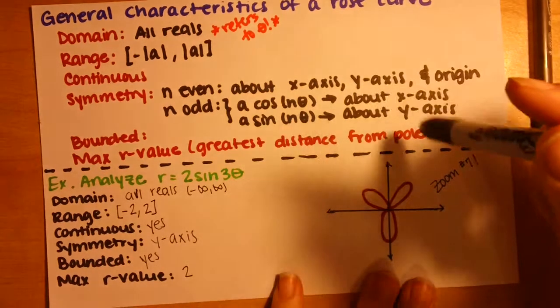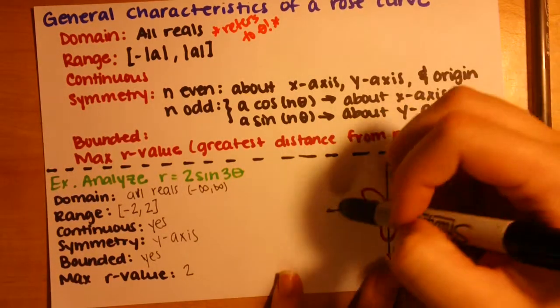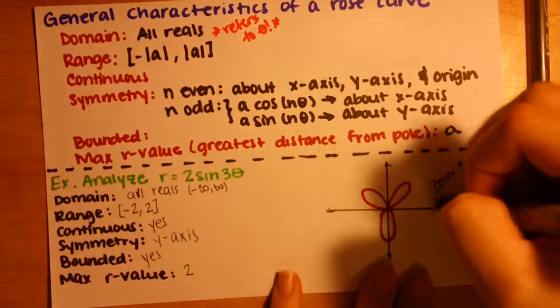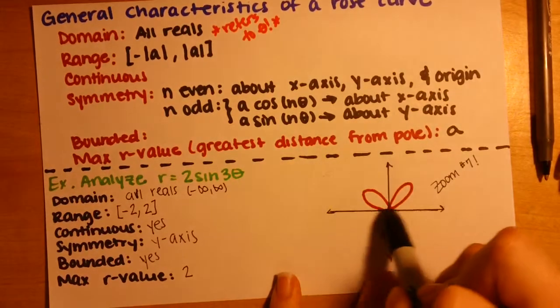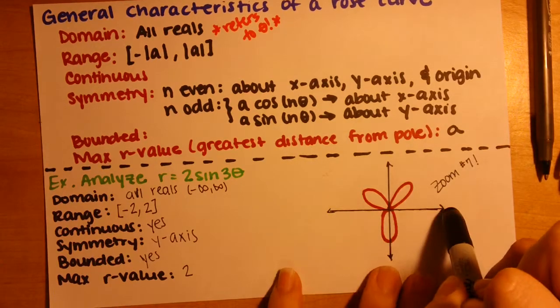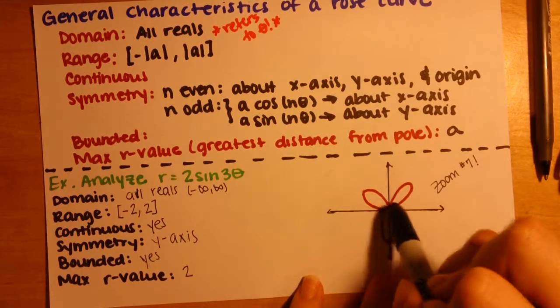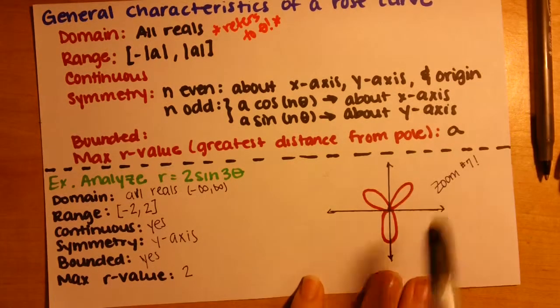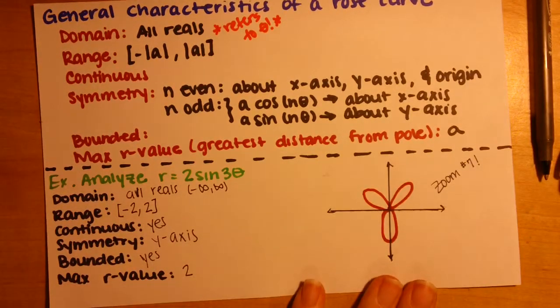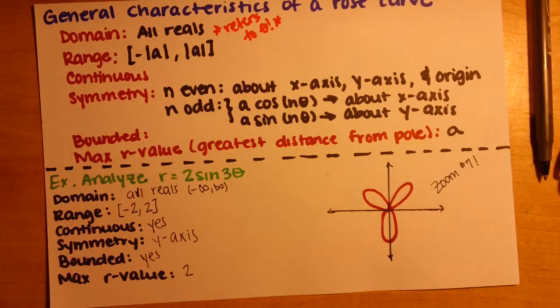Since we're looking at sine, the graph is not cut by that x-axis, okay? It looks like it's cut by the y-axis, but when we're talking about which axis it is cut by, we're talking about this x-axis, okay? So it's not cut by the x-axis, it is offset. So that's why we know it is sine, and then n is odd. Alright?